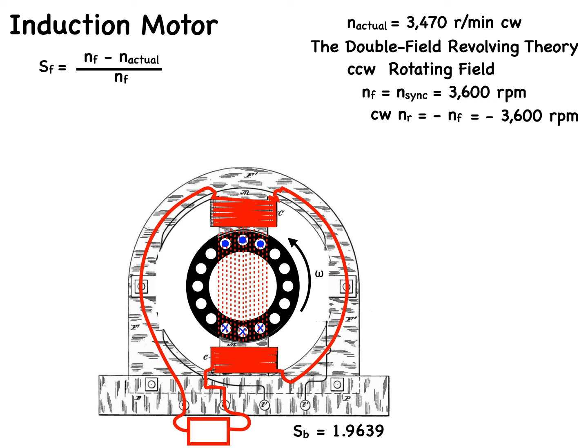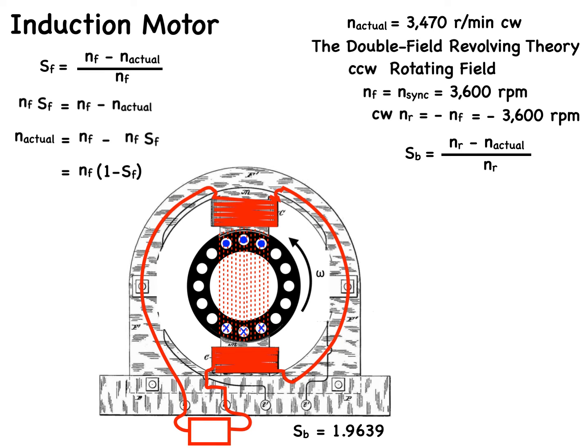I'm going to rearrange the equation, getting rid of the fraction on the right-hand side. Next, I'm going to rearrange it to keep the actual speed of the rotor on the left and all of the other values on the right. Or in other words, I'm solving the equation for the actual speed of the rotor. And finally, collecting the like terms on the right-hand side of the equation gives us NF times the quantity 1 minus SF.